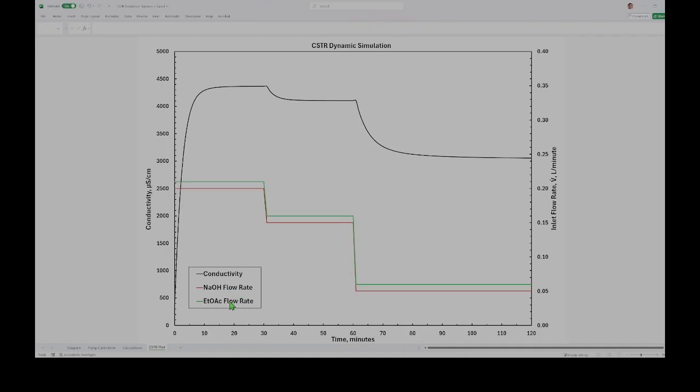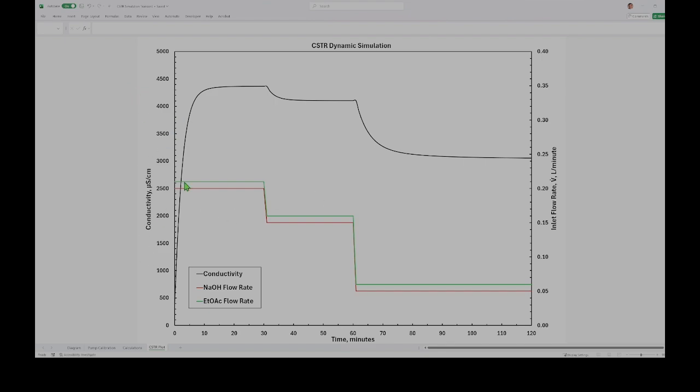Okay, we have three things plotted on my curve. One is my sodium hydroxide flow rate. The other is the ethyl acetate flow rate. Those are measured on the right-hand y-axis. And the solution conductivity is measured on the left-hand axis.